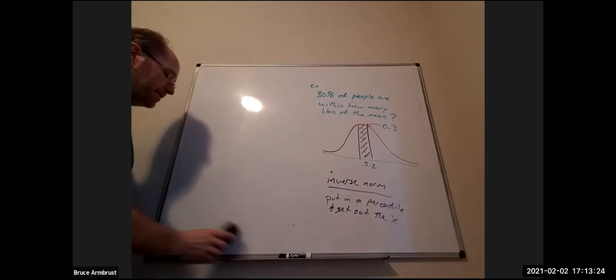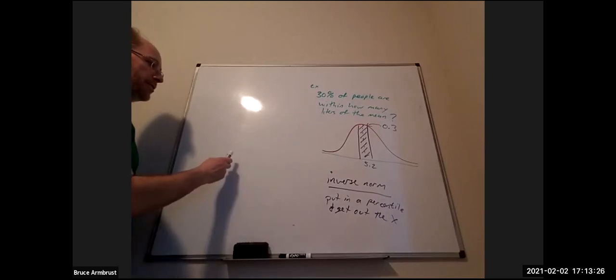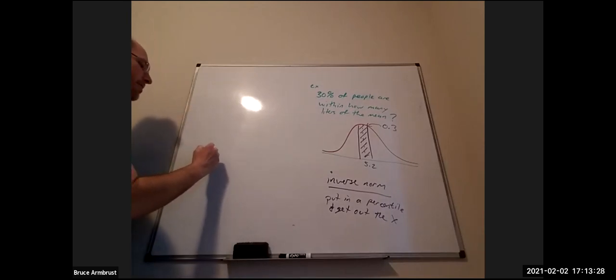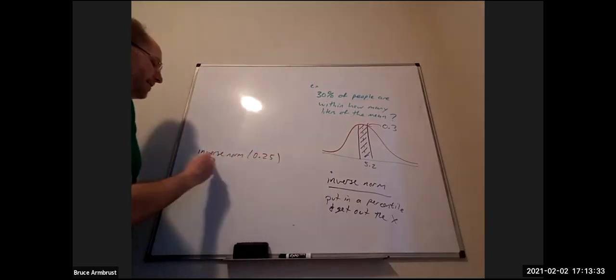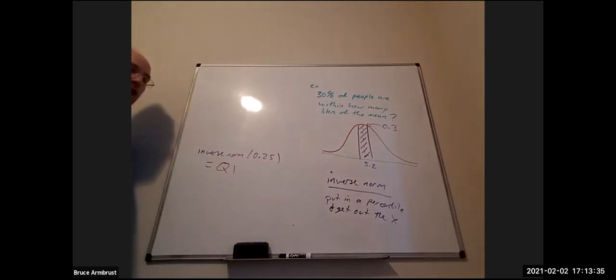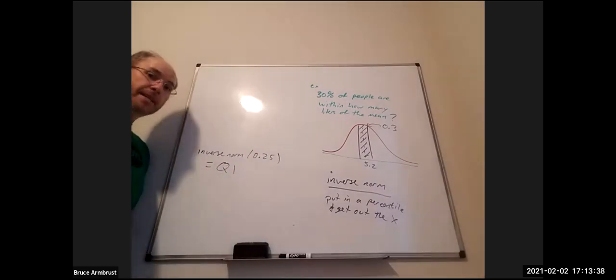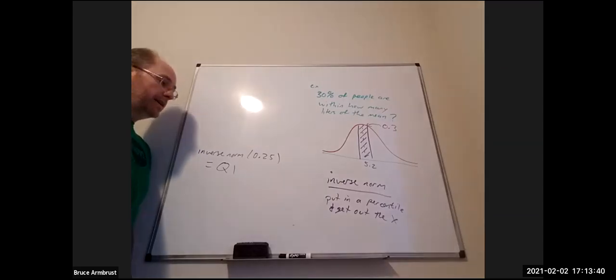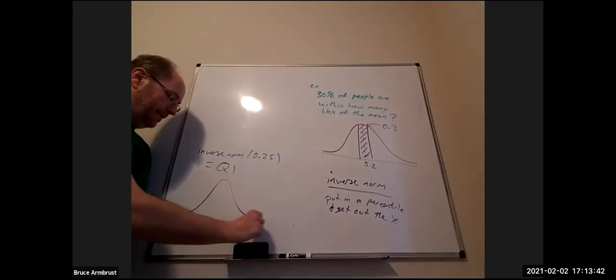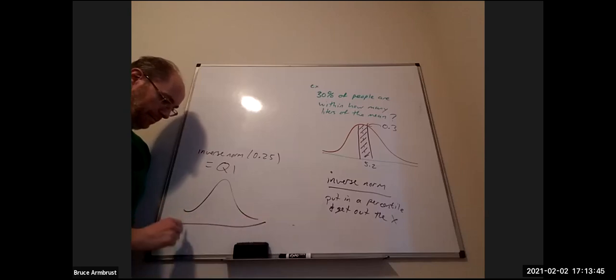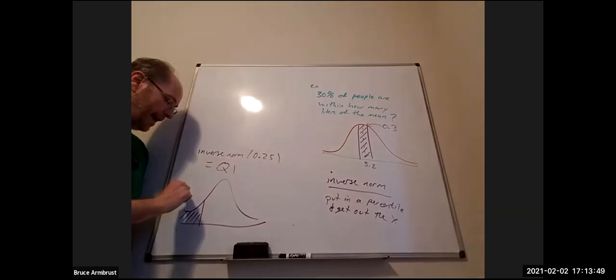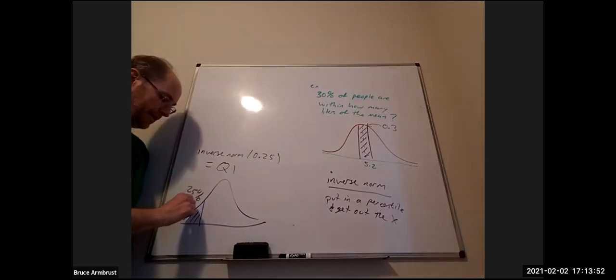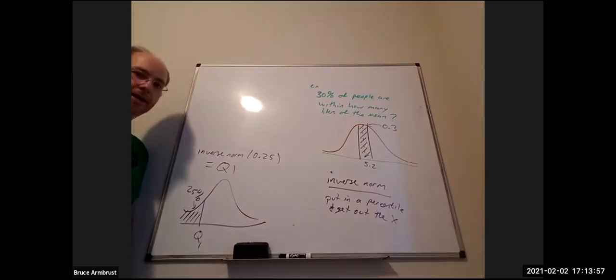So for example, if we were to do inverse norm of 0.25, that's going to give us Q1. That's going to give us the first quartile, because it's going to tell us how far do we go so that we have 25% in here. And it's going to spit out Q1.